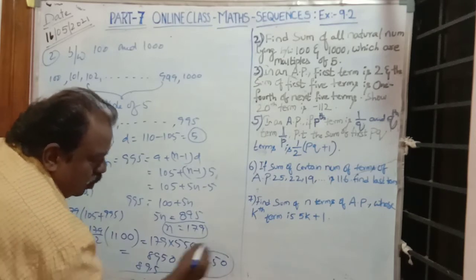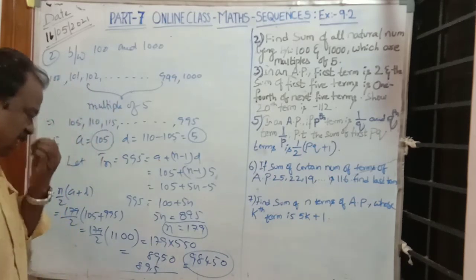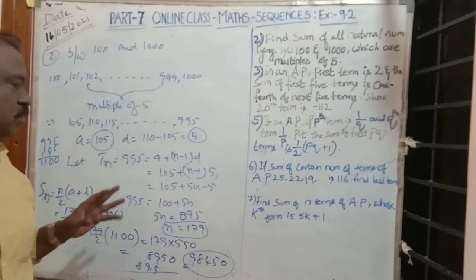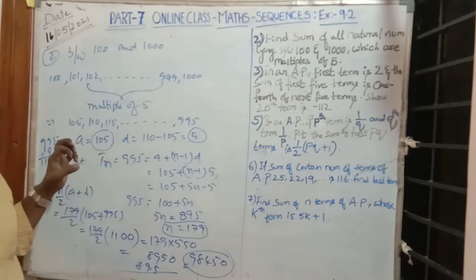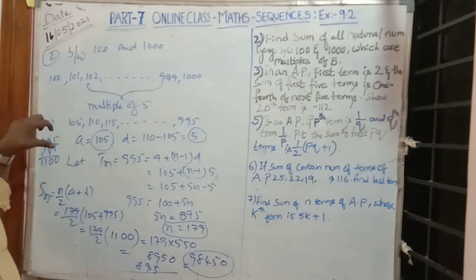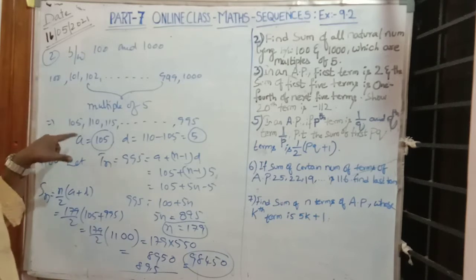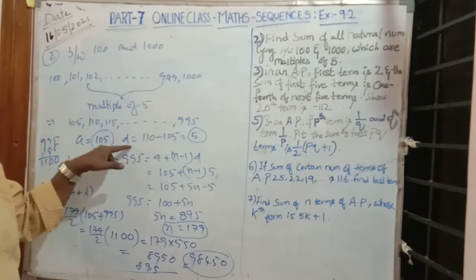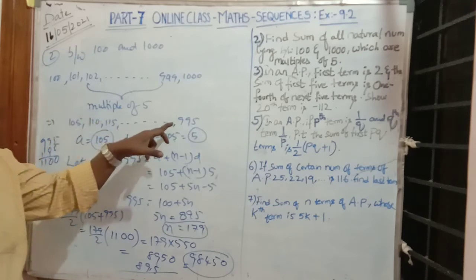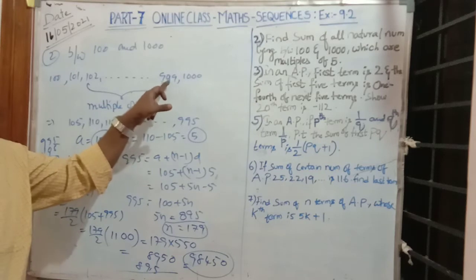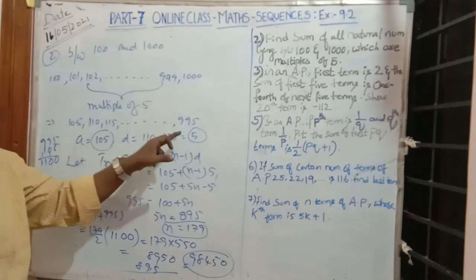So this is the sum of all natural numbers between 100 and 1000 which are multiples of 5. Here the concept is that what those numbers are is important. The first number and the common difference D are known. The last number we know is 995, not 999, because it is the multiple of 5.